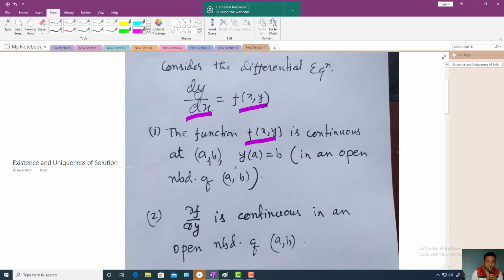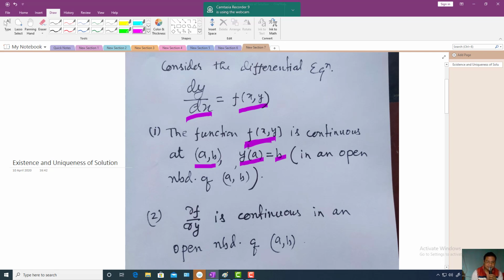Through this point, is there a solution of this differential equation? And how many such solutions are there? So if this function is continuous in an open neighborhood of this point, what is this point? This point means if y is a solution, y of a is equal to b.